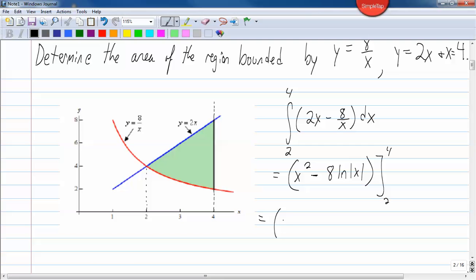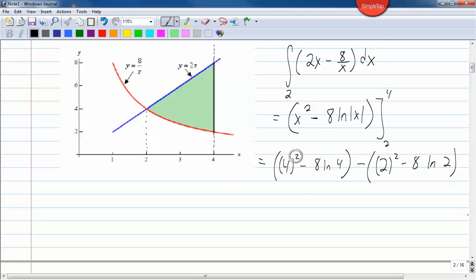Alright, so that's going to be 4 squared minus 8 times natural log of 4, minus 2 squared minus 8 times natural log of 2. Just looking at the whole number part, that's going to be 16 minus 4, that's 12.